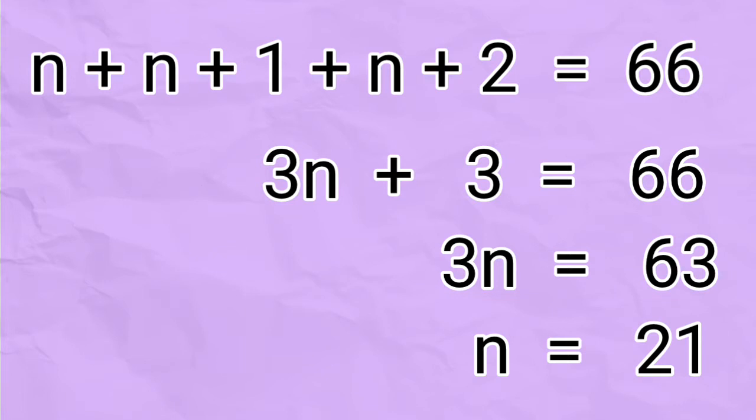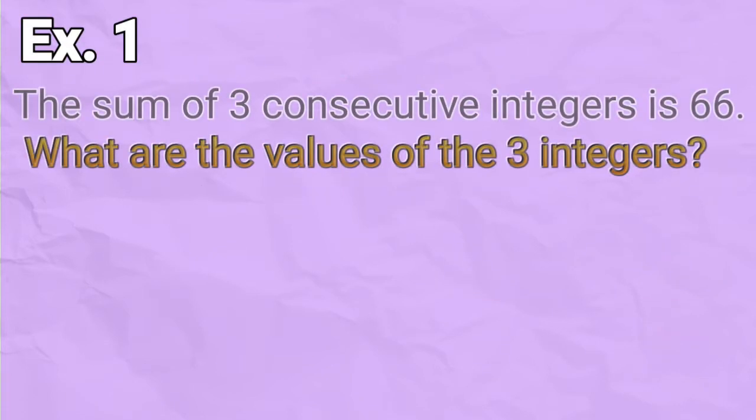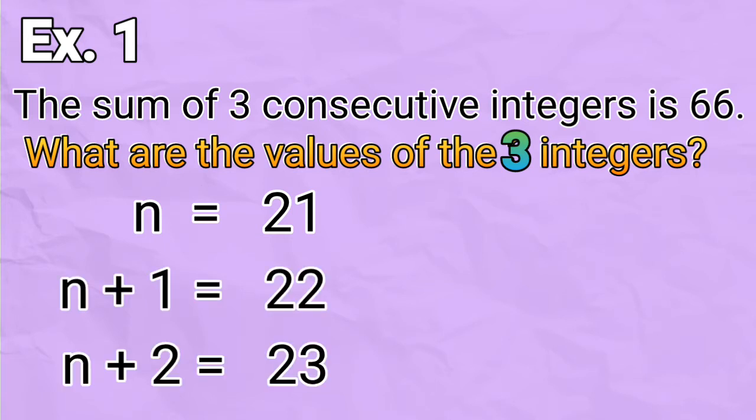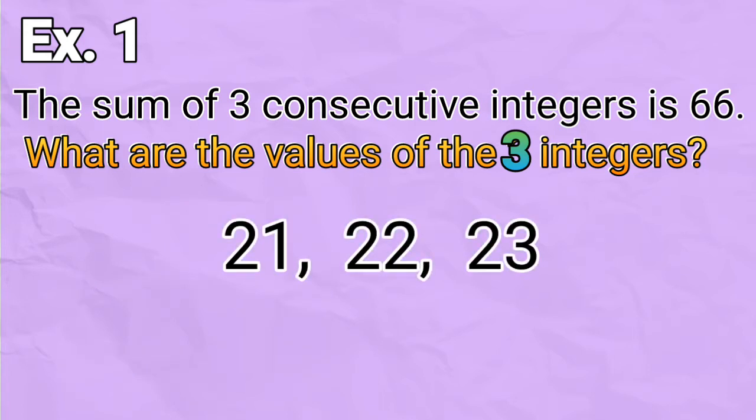So we're almost done. We have the value of one integer, but we need all 3. So if n is 21, then n plus 1 is 22, and n plus 2 is 23. So our 3 integers are 21, 22, and 23. And we're done.